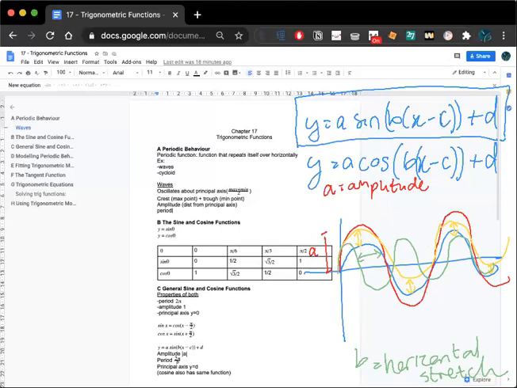Then lastly, we have c, which is the horizontal shift. Like I said before, it shifts horizontally, so you can pretty much turn the sine graphs into cos graphs using these.